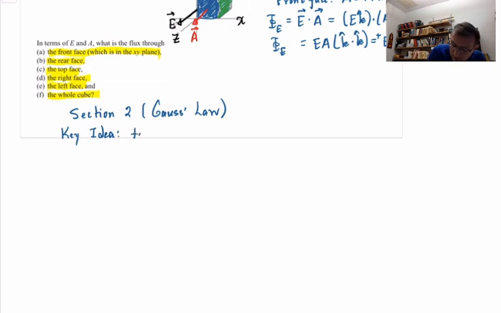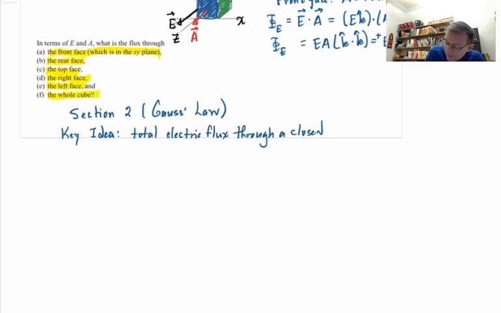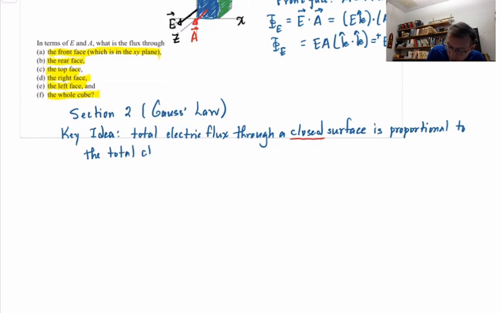The total electric flux, just like we've been practicing with, through a closed surface, that's important, a closed surface, is proportional to the total charge inside the surface.